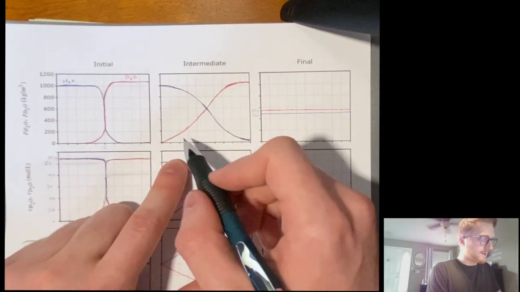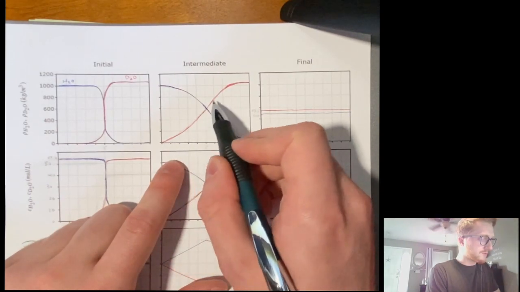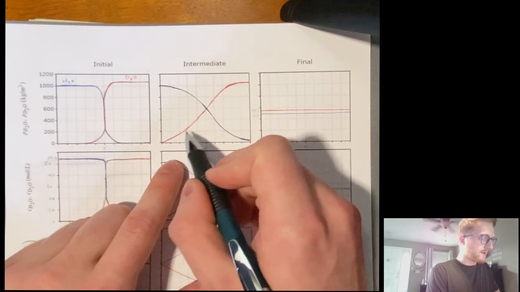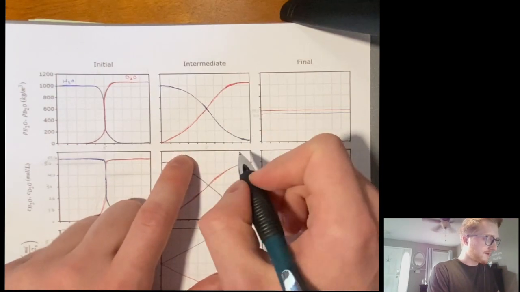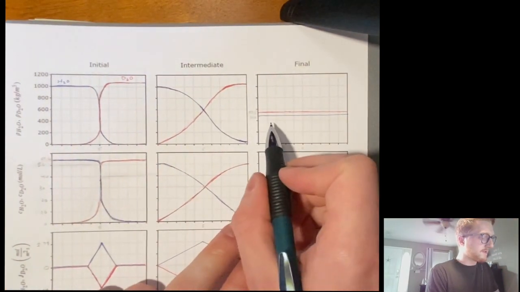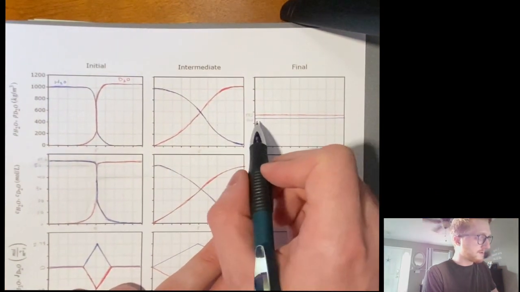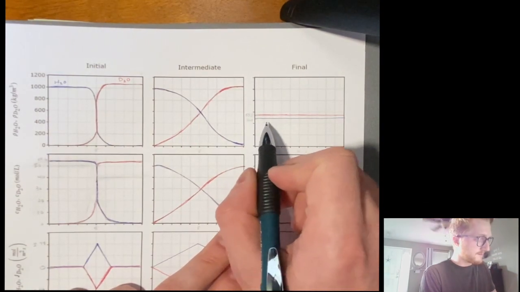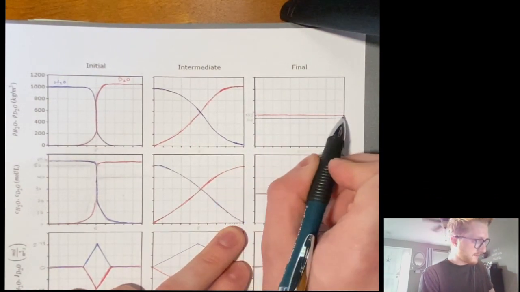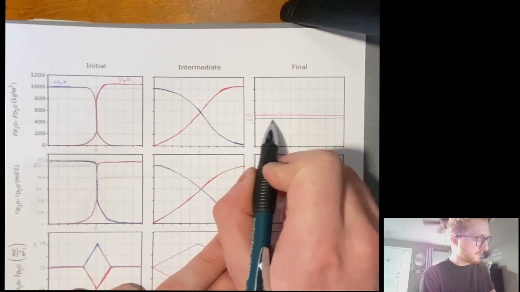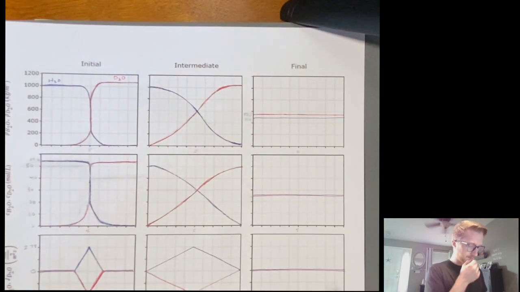Then as things are allowed to mix, we have a much more gradual change in density from the left to right side of the capillary. And finally, it's going to reach equilibrium, so there's going to be deuterium throughout the entire capillary and water throughout the entire capillary.